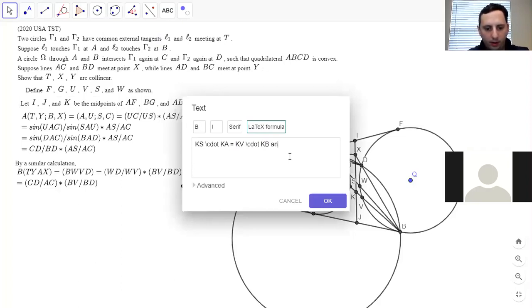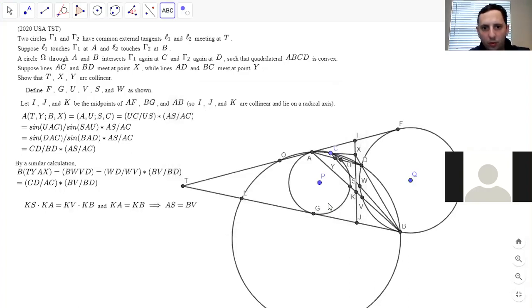And KA equals KB implies AS equals BB. So KI and J are collinear because they're the midpoints of AF, AB, and BG, and we have AG is parallel to BF.